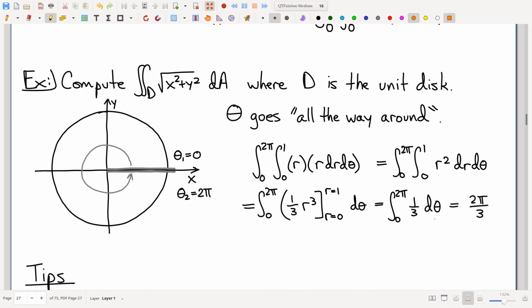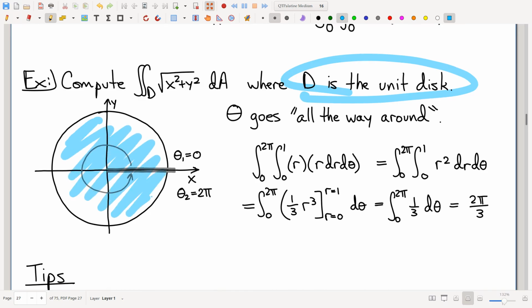Okay, another example. Here our domain is the entire unit disk. By the way, this is an example that allows us to walk away with a very convenient generality. But let's do the example first, and let's think about how we slice this up.